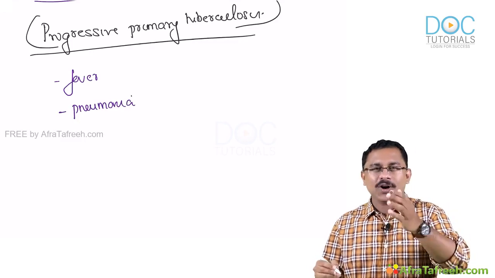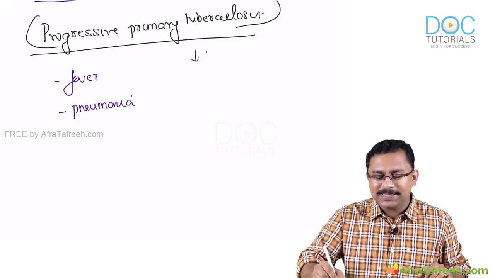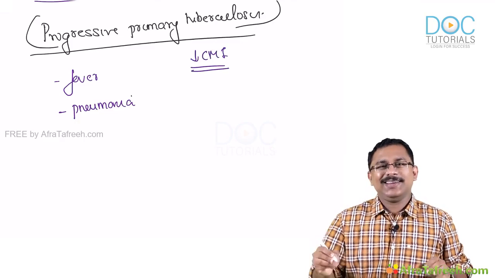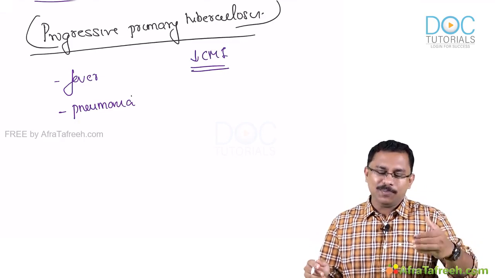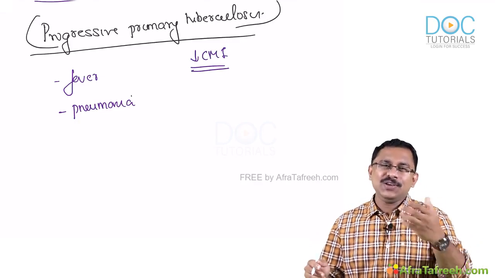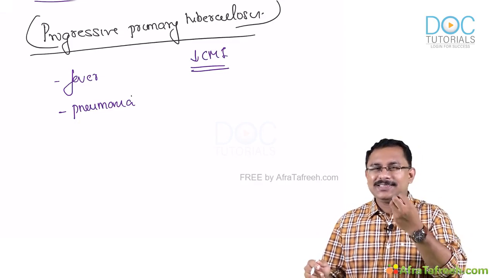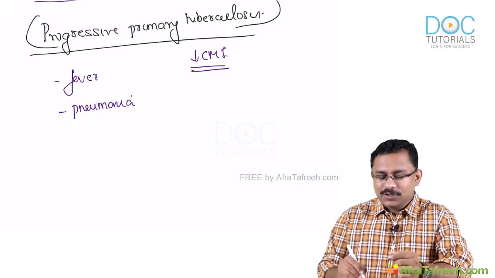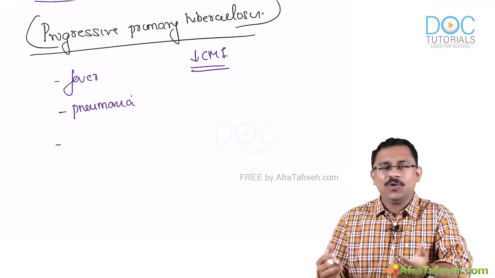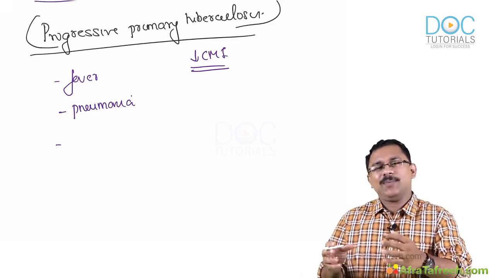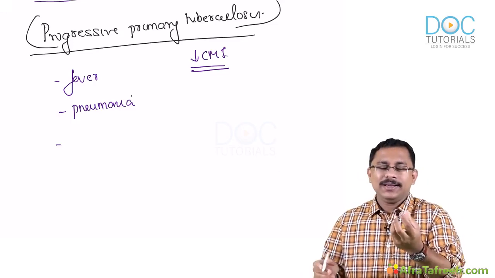So remember, this occurs in individuals who have a compromised cell-mediated immunity. This progressive primary tuberculosis usually occurs in children, commonly. So you might have a fever, you might have a pneumonia, and sometimes the lymph node can get enlarged.